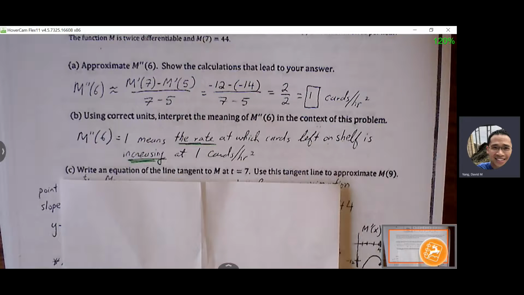Okay, part C, write an equation of a line tangent to m. So we've been doing this over and over again, right? Tangent equation. So get your ordered pair, get your slope, point-slope form, and then linear approximation.